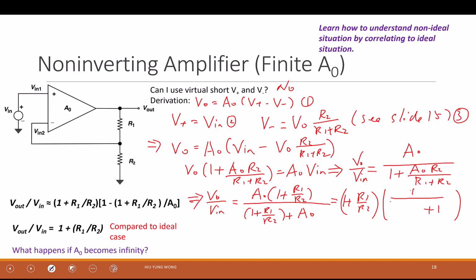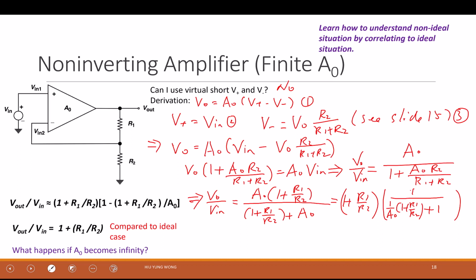Then this becomes this. So what I'm doing is I just take this term out. Numerator divided by A0 becomes 1. Denominator divided by A0, so this becomes 1, and this becomes 1 over A0 of the whole thing.